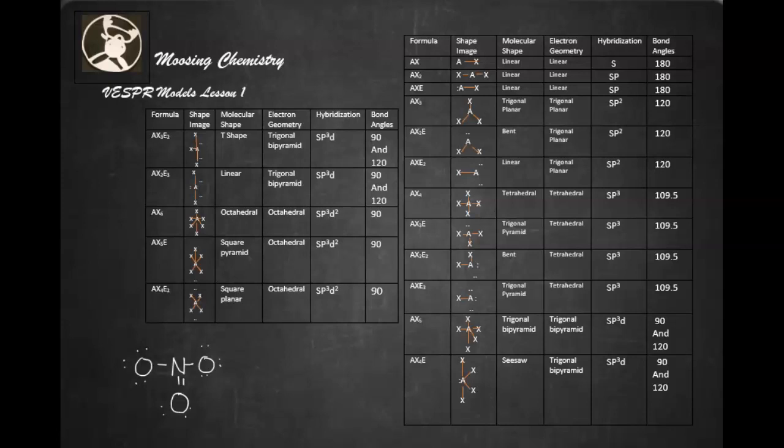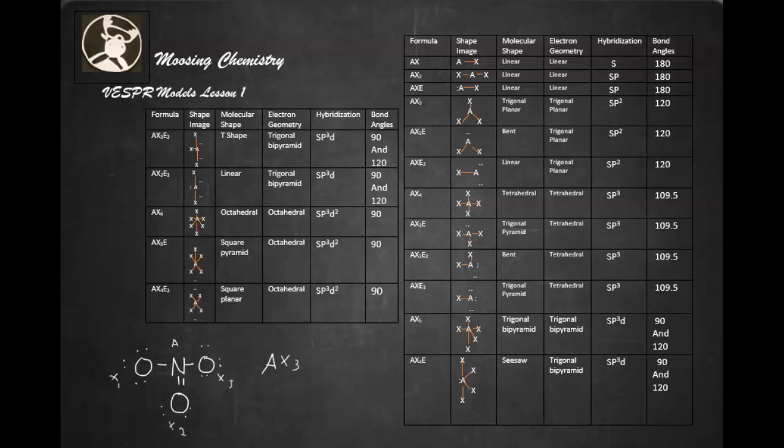We have A for our core, X for this oxygen, X for this oxygen, and X for this oxygen. This is X1, this would be X2, this would be X3. You can name them in reverse order if you wanted to. So this is AX3.